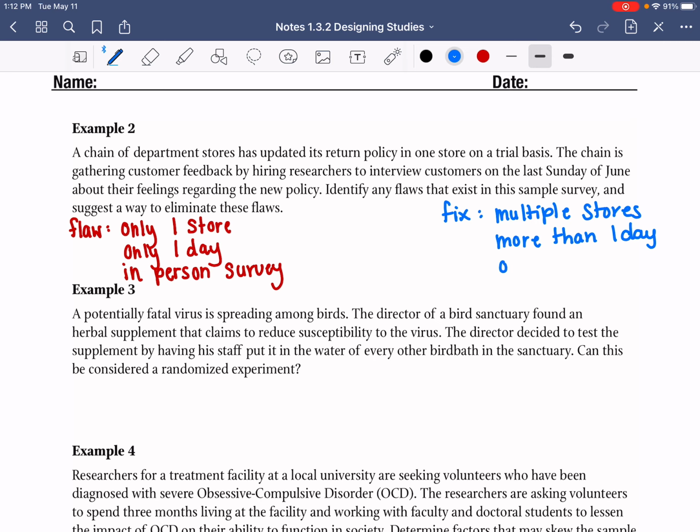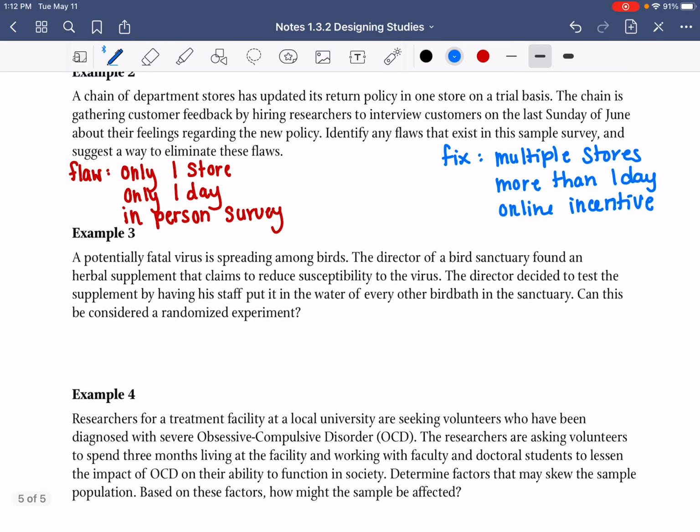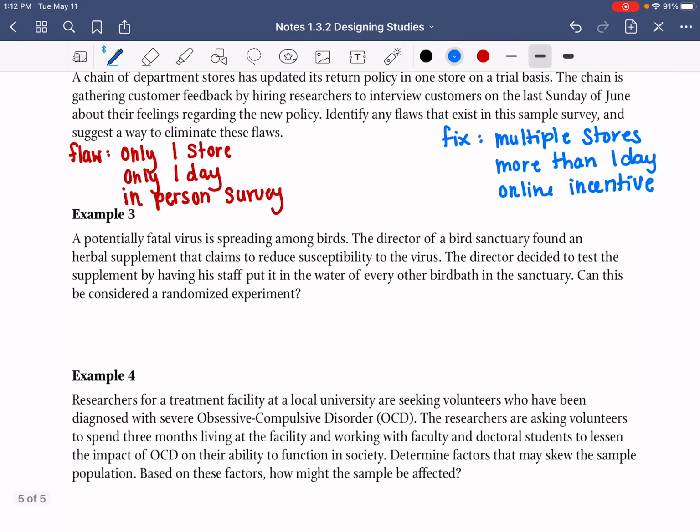So maybe they do some sort of online incentive survey for completing the survey instead of being in person. Okay? So there are just some flaws and some fixes.